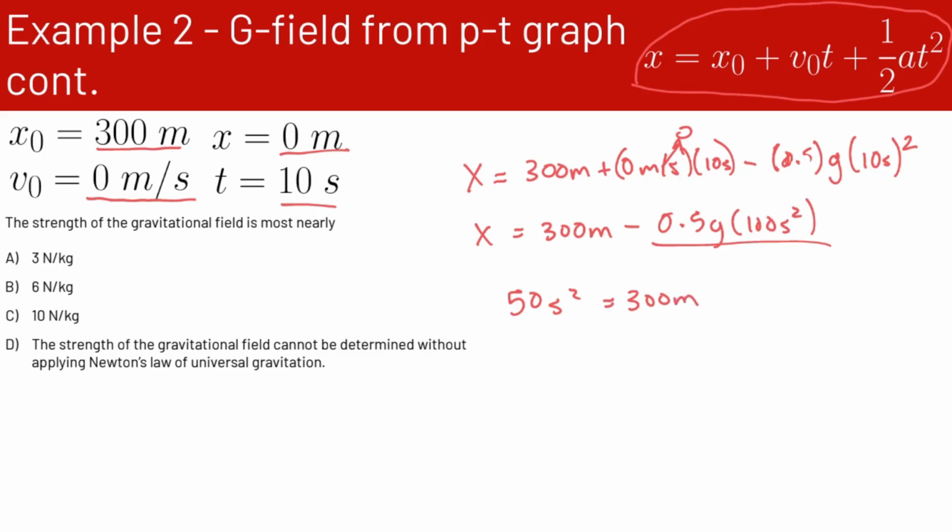So divide both sides by 50, and we end up with g is equal to 6 meters per second squared, which is equivalent to 6 newtons per kilogram. So we're going to learn about these units, newtons, when we get to forces. All right, so our answer is B. And that's how you solve a problem like this one.